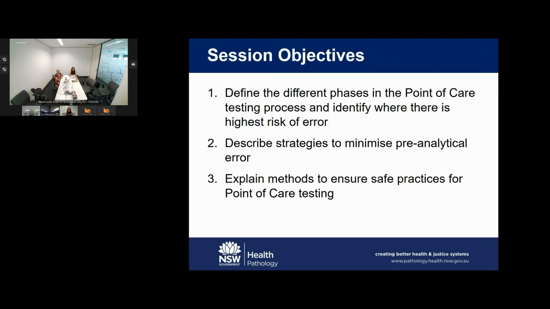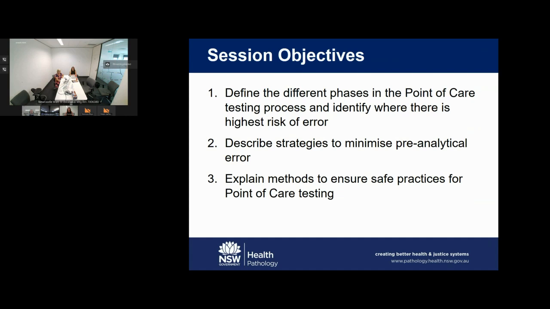Previously, I have a scientific background, and I was in the core laboratories and main high throughput laboratories at the John Hunter Hospital. So I've been on both sides, both in the analytical area of the business and now in the pre and post analytical area.